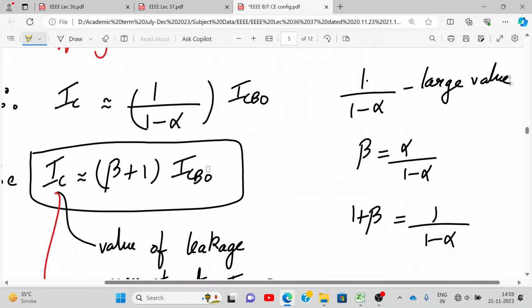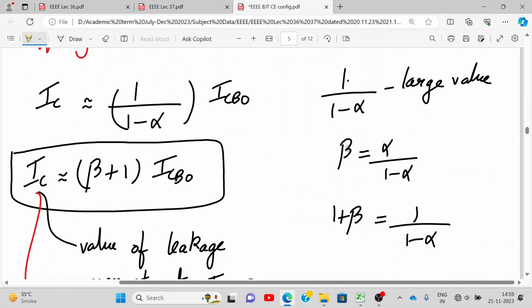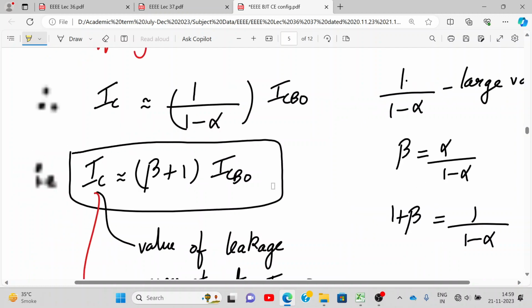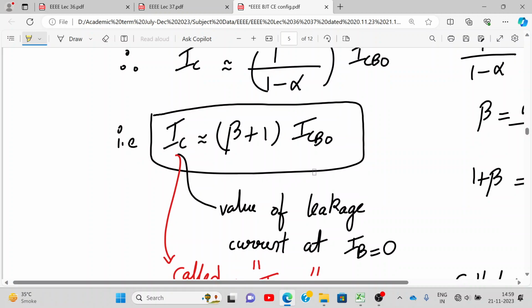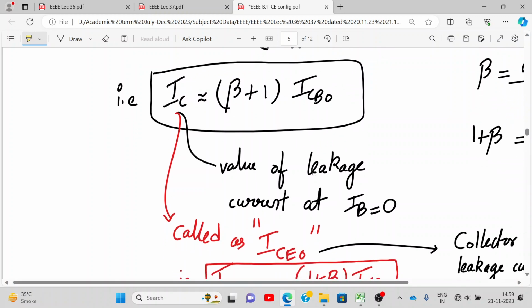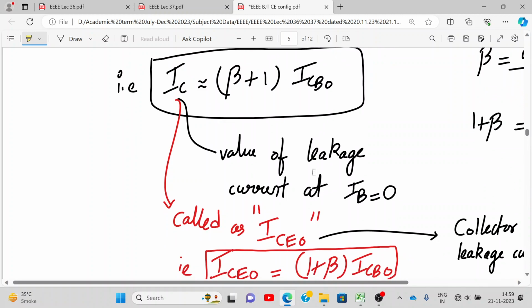Alright. And if I see carefully, beta is alpha upon 1 minus alpha. So 1 plus beta is 1 upon 1 minus alpha. So IC in the cutoff region is 1 plus beta times ICBO. And ICBO is very, very small, so even multiplied by beta, it remains negligibly small. So this is the equation of current.